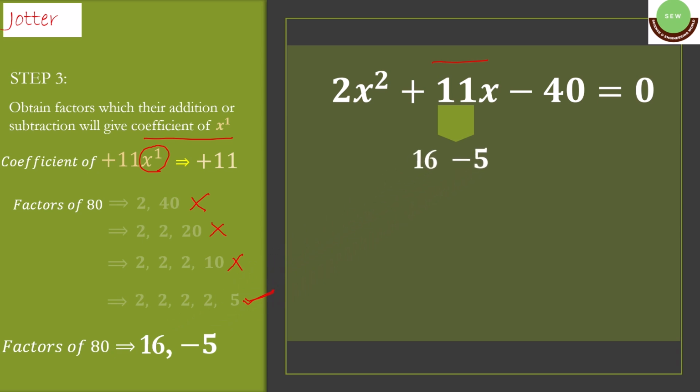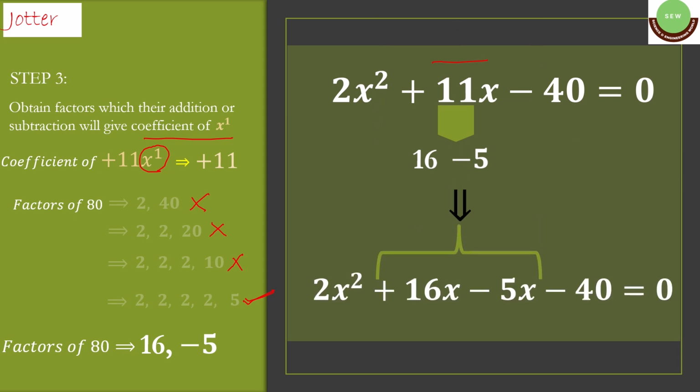And so our expression becomes 2x squared plus 16x minus 5x minus 40 equals 0.